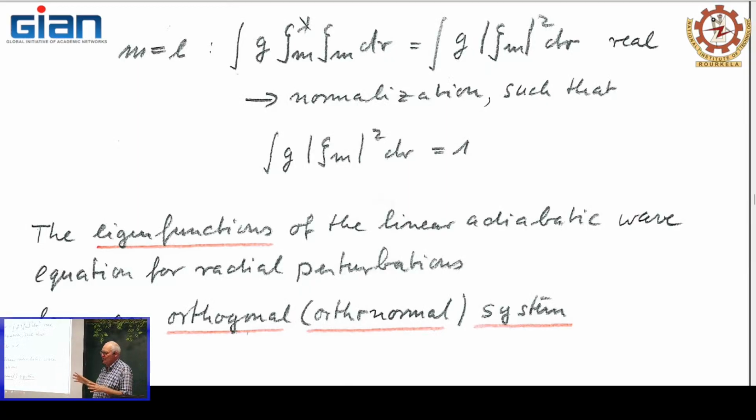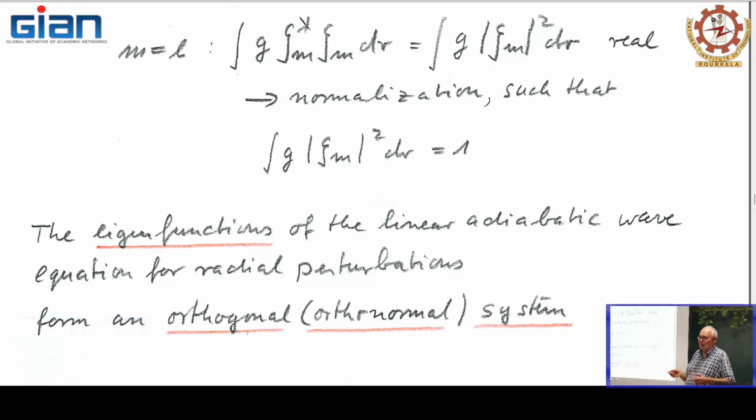We haven't proven, and this is a little bit more difficult, that it's a complete orthonormal system, which means that any function can be represented as an infinite sum over the eigenfunctions of the problem.